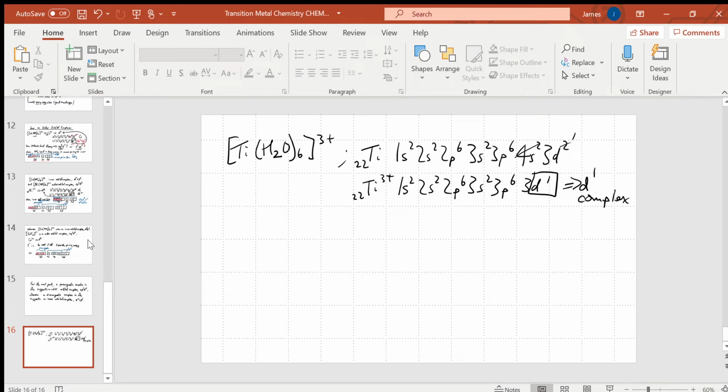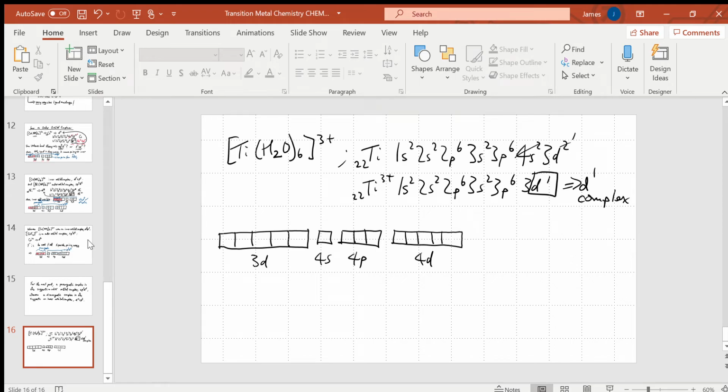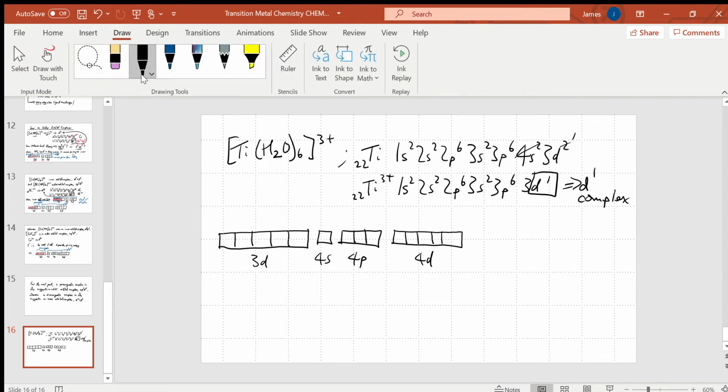And this is going to form an outer complex. So 3d, 4s, 4p, 4d. Let's get our red pen going.